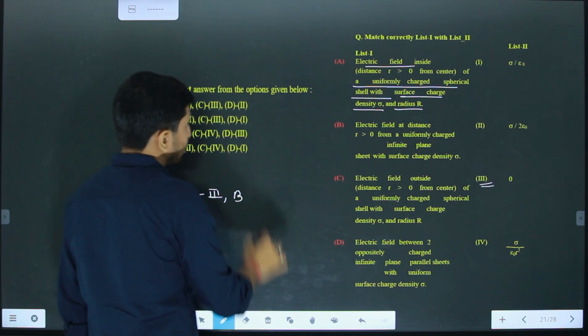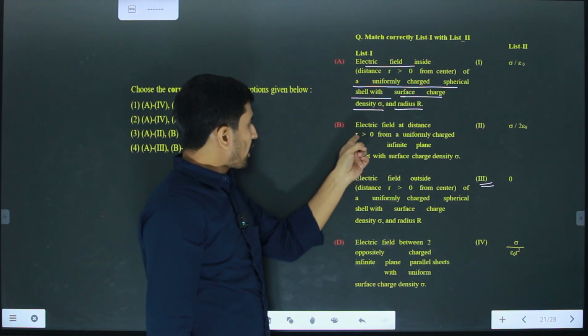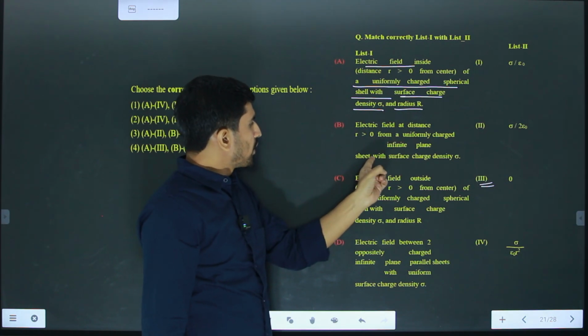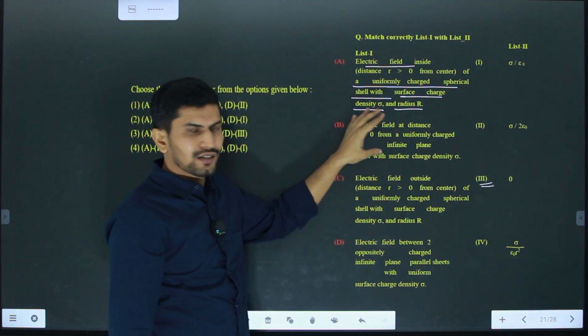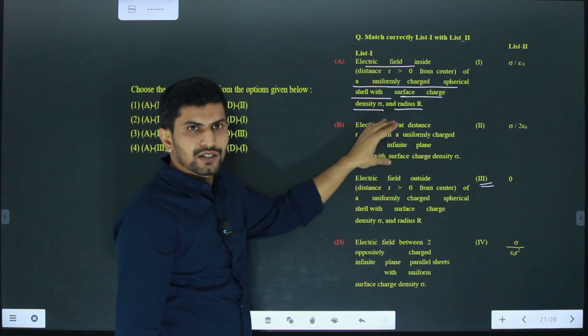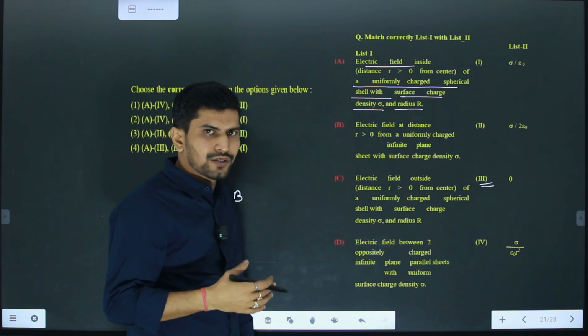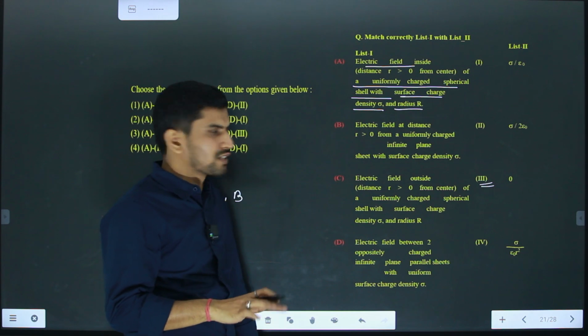Then electric field at a distance r more than 0 for a uniformly charged infinitely plane sheet with surface charge density sigma. I consider that this plane sheet mentioned here is non-conducting. You see, many times what happens is that in the question some kind of ambiguity remains, and we have to understand these things.